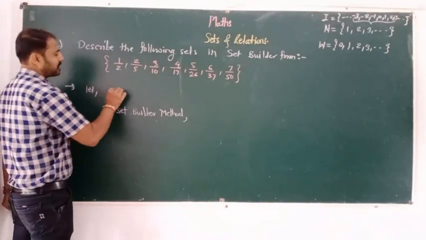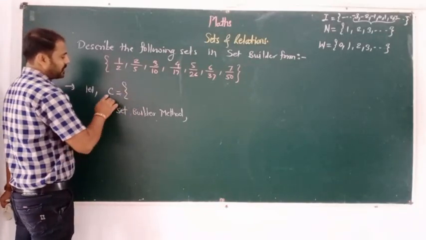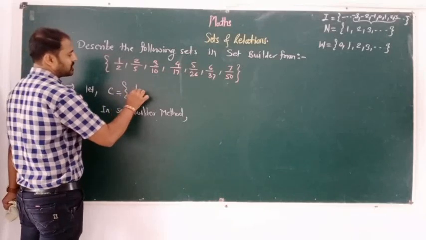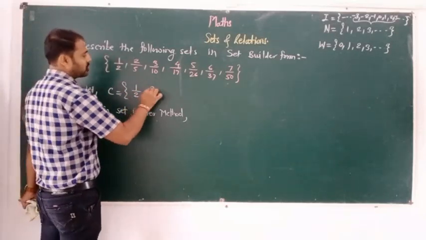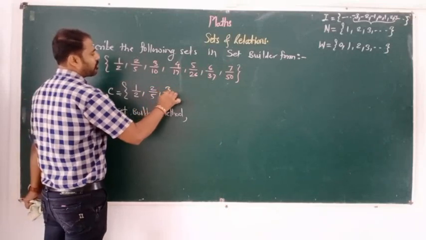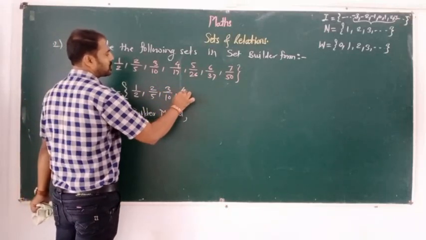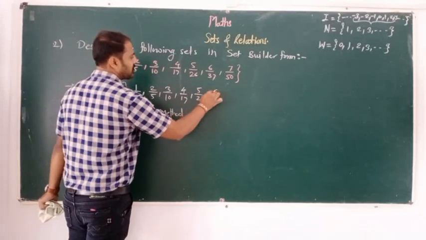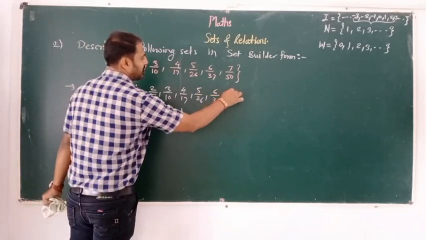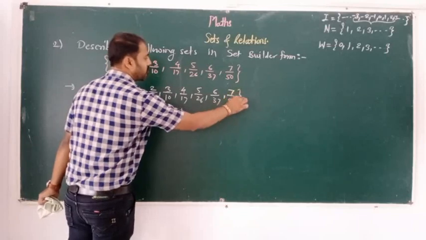I am writing the name of that set is C. Let C be the set of the elements 1 upon 2, 2 upon 5, 3 upon 10, 4 upon 17, 5 upon 26, 6 upon 37 and 7 upon 50.